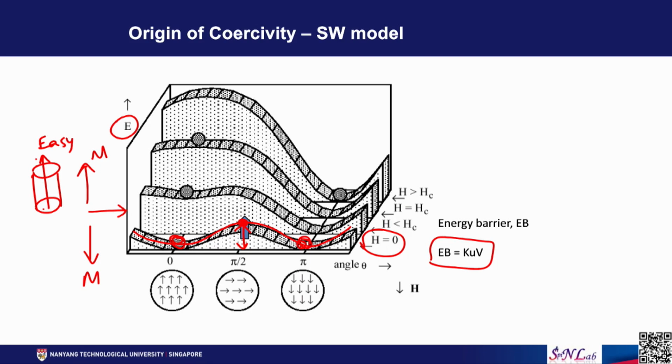When I discussed super paramagnetism, I talked about this energy barrier KUV. Okay. So, all single domain particles according to Stoner-Wohlforth model have an energy barrier EB given by this expression. So, it depends on the volume of the grain and the anisotropy constant Ku of the material.